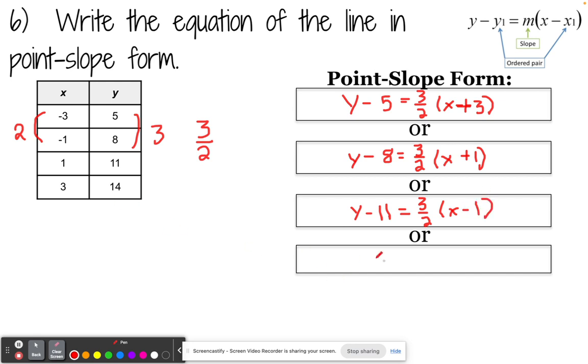And my last one, y minus 14 equals 3/2 x minus 3.